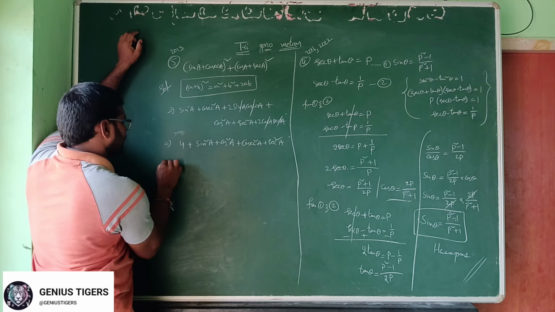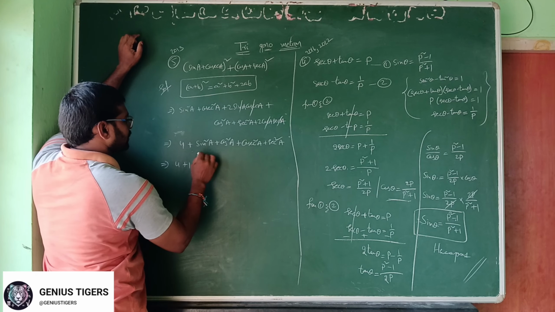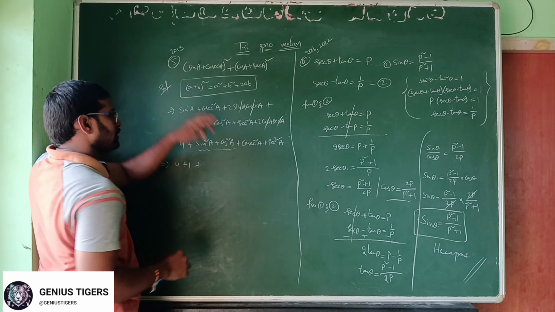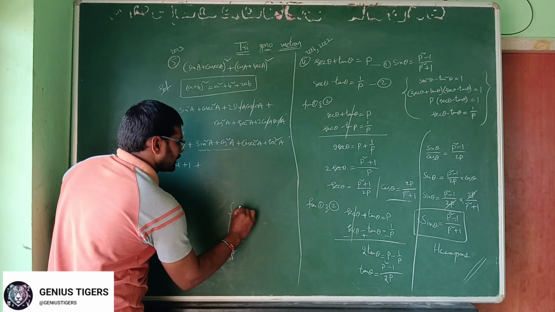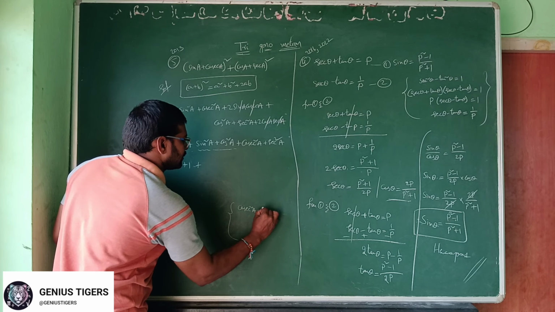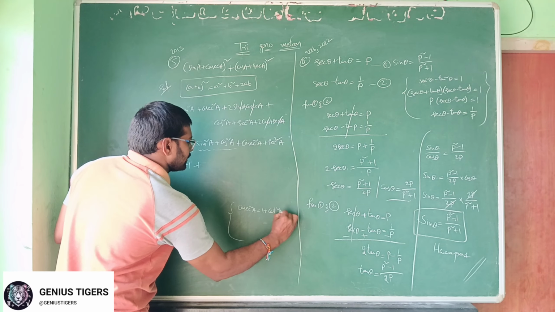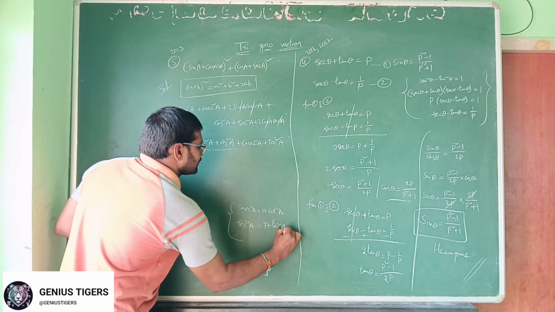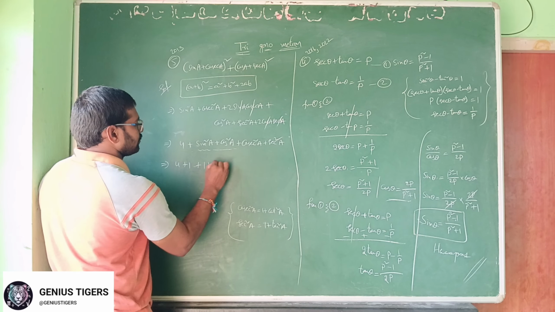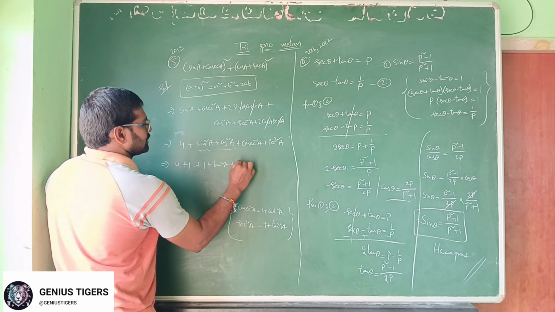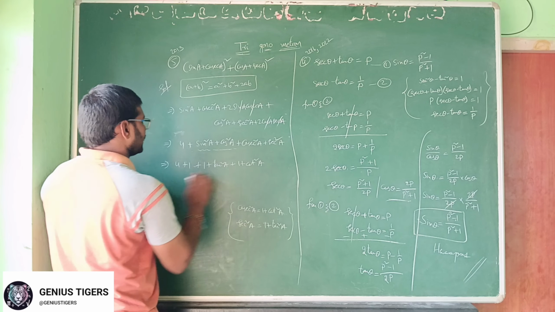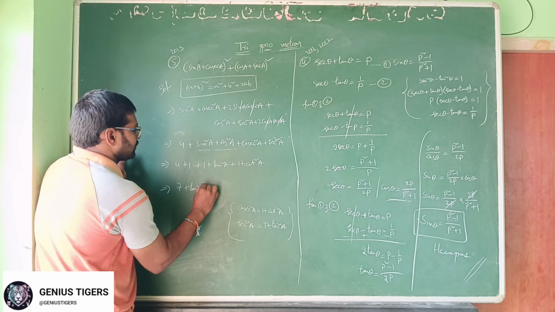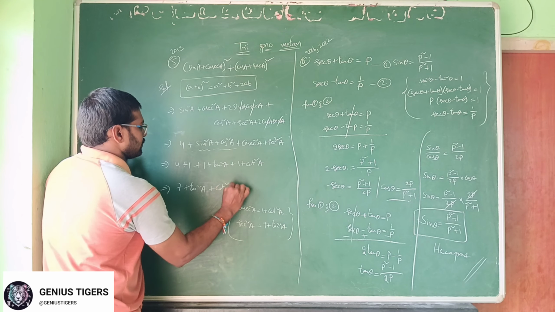From the identity, sin square a plus cos square a has value 1, so 4 plus 1. Now cosecant square a, from the identity, is equal to 1 plus cot square a, and secant square a is equal to 1 plus tan square a. So 1 plus tan square a plus 1 plus cot square a. Finally 4, 5, 6, 7: 7 plus tan square a plus cot square a.